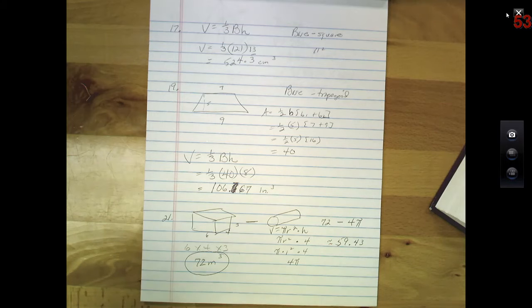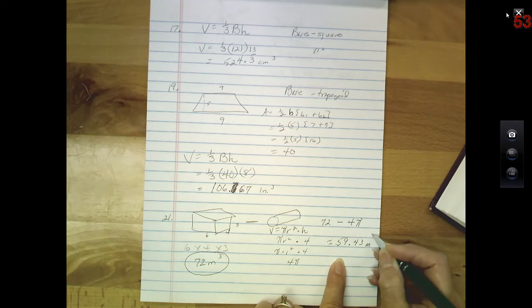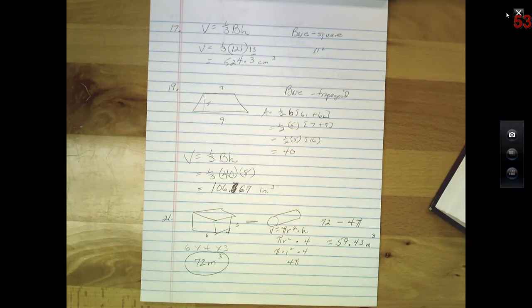The diameter is 2, but the radius is half of it, so it's just a 1. So pi times 1 squared times 4, in other words, 4 pi. So you have this minus that, 72 minus 4 pi. If you want it in numbers, it's 59.43, and that is meters cubed. Okay. Questions? If anybody needs me to do that slower, I will.